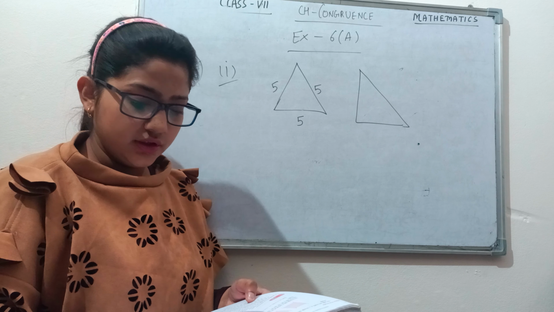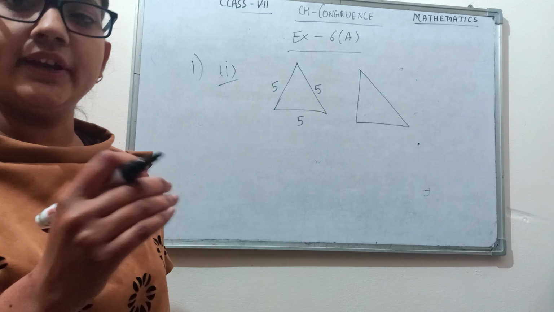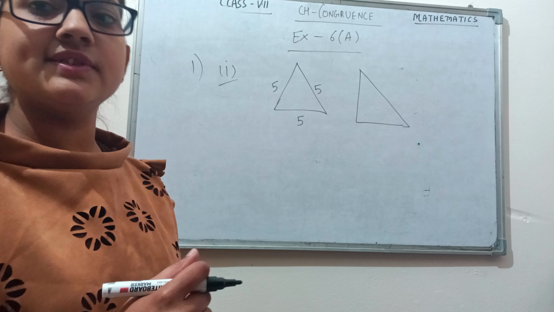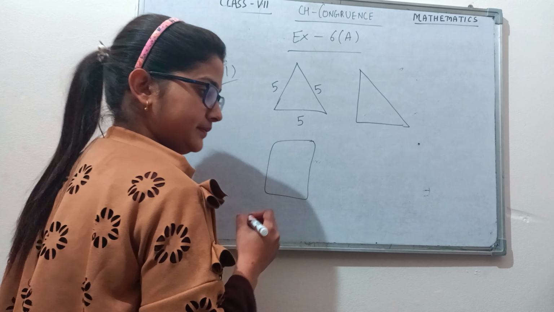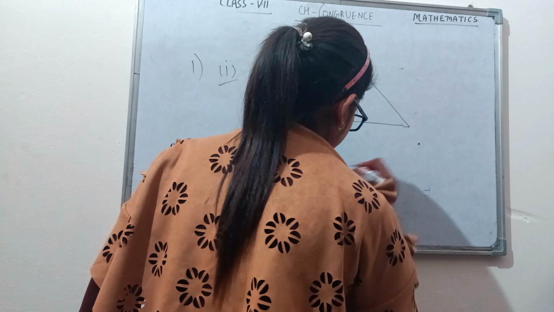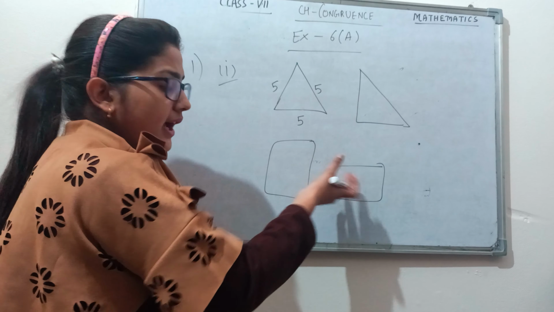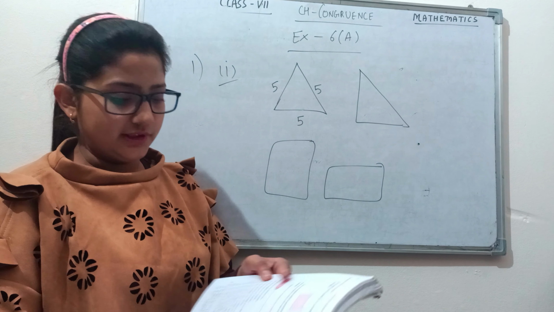Next is fifth, all rectangles are similar. No, all rectangles are not similar, because this is a rectangle in this shape and this is a rectangle in this shape. Both are rectangles but they don't have the same shape. So all rectangles are not similar.